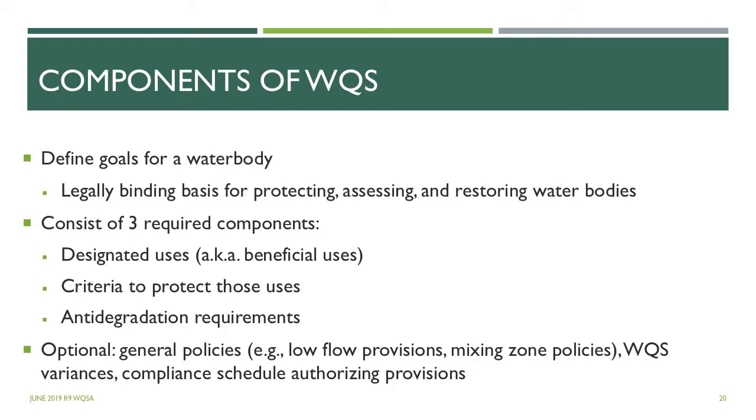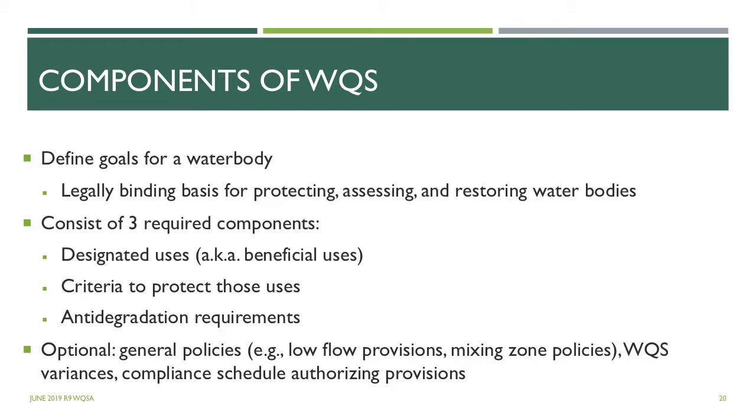Then there's criteria to protect the use. Again, this is just the limits on the pollutants. So how much of X pollutant can you have and still maintain safe use of that water for what you've declared that you want to use that water for? And then anti-degradation requirements, which are, again, sort of a way to ensure that whatever water quality improvements you achieve, there's a process to maintain those. So you're not constantly achieving great stuff and then using it all up again.